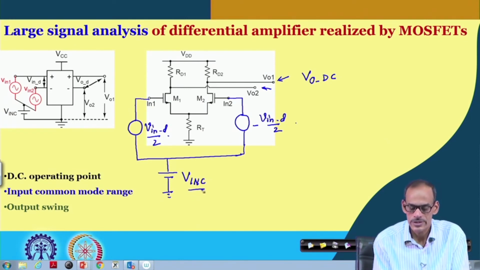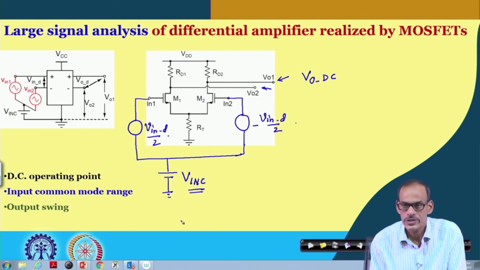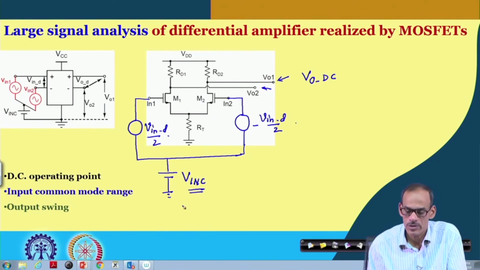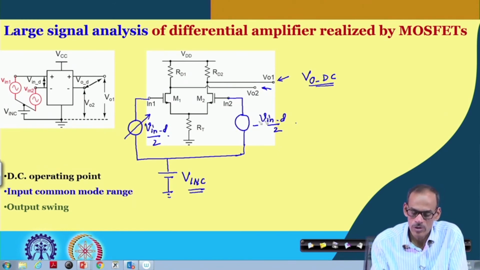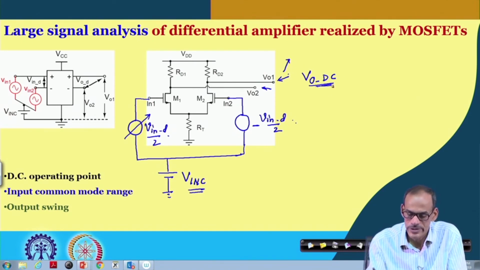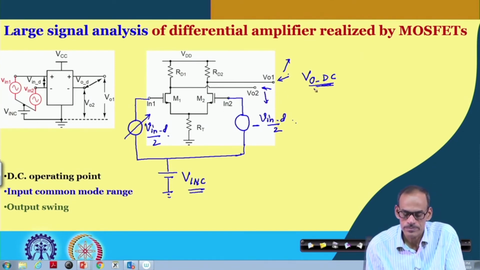Assuming that Vin C has a value within its acceptable range, the output voltage also has a meaningful value. Now, if I increase this voltage, and subsequently also increase this voltage with this minus sign, what we expect is that this voltage will increase with respect to its DC, and this voltage will decrease with respect to the DC.